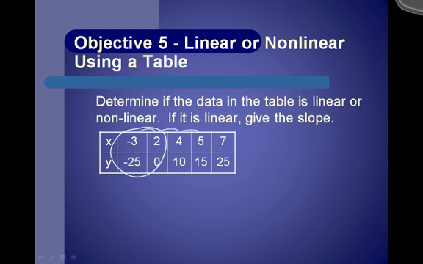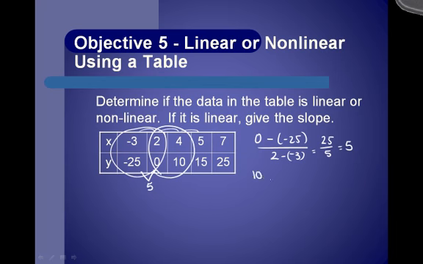So what we're going to have to do is check the slope between several of the points. If we wanted to find the slope just on the first 2 points, it would be 0 minus negative 25 divided by 2 minus negative 3, which would give us 25 divided by 5. So the slope between the first 2 ordered pairs is 5. Let's look at the next 2 ordered pairs. That would be 10 minus 0 over 4 minus 2.